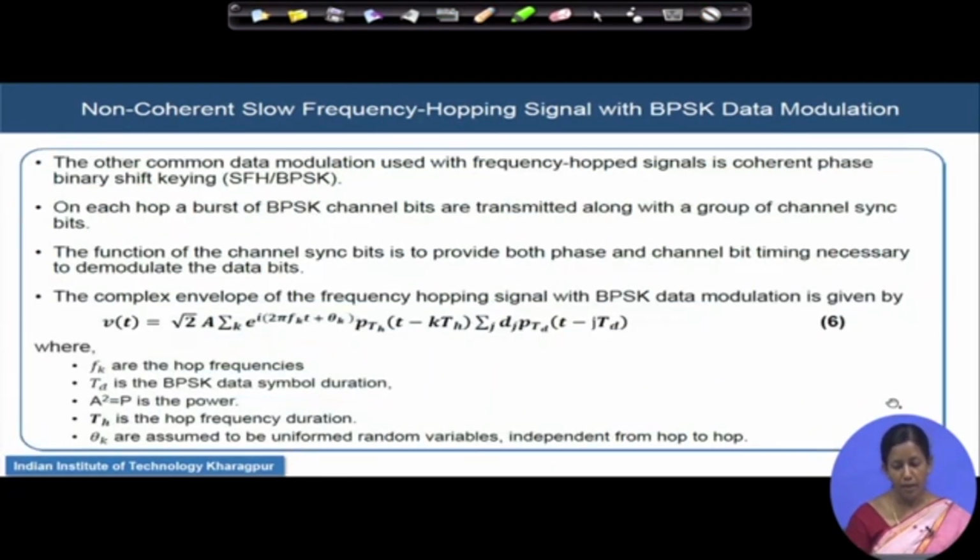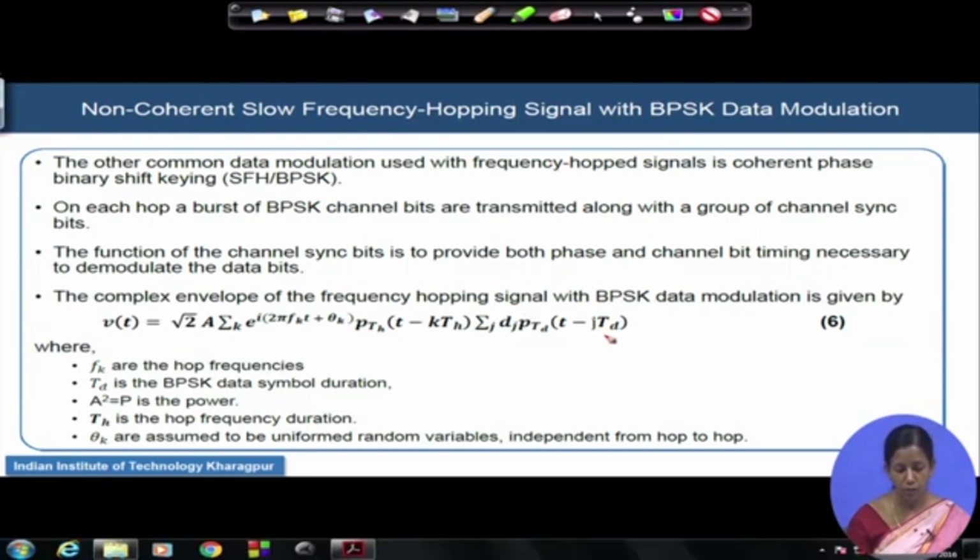Like the DPSK system, we can also go ahead with BPSK data modulation. The complex envelope of the frequency hopping signal with BPSK data modulation looks similar to that of the DPSK one, where instead of the modulation time defined by DPSK, we define it by BPSK.